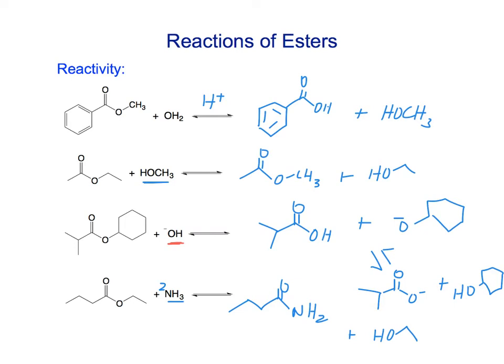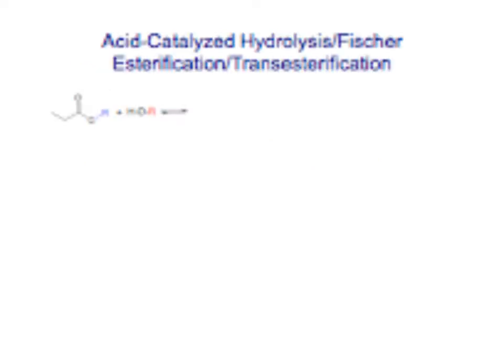What I'm going to do next is I'm just going to introduce to you 3 reactions, all on the same slide. And one of the reactions is going to come up later, but these reactions are exactly the same reaction, and some are going forward, some are going backwards. The mechanism would be exactly the same. All right, so we might as well do them all at the same time. Okay?